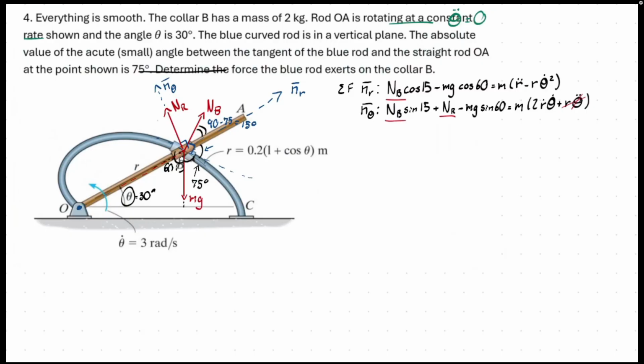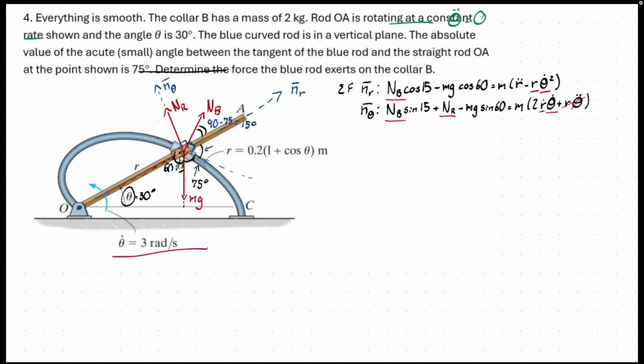We also don't know NR. And we know the angular velocity. It was given in the problem. I think it's 3 right there at the bottom. So this is fine, and then we know our r currently, or we can find it based on our angle, and then we can also find our r dot and our r double dot by taking the time derivative and using the chain rule.